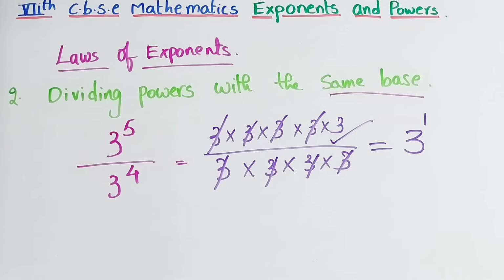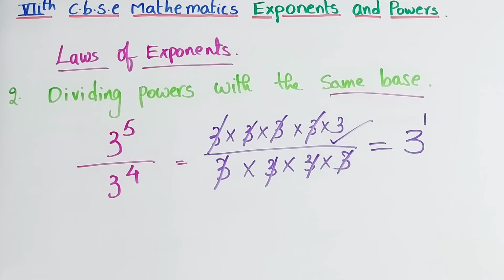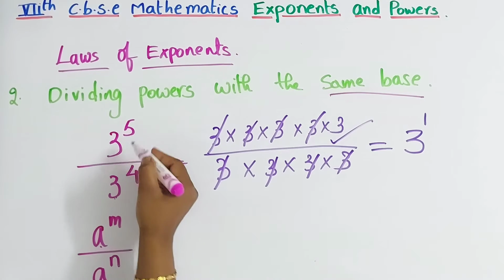Now we will write the general representation. 3 to the power of 5 means we can write it as a raised to the power of m divided by the same base. That means base is the same, so a only I will write here: a raised to the power of n. Power is different now.